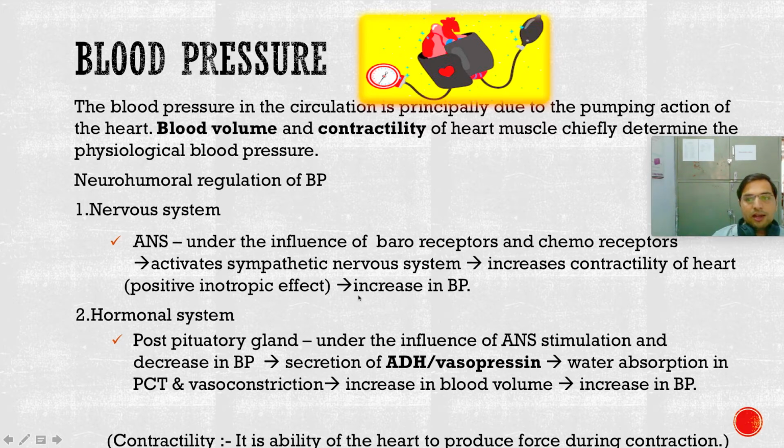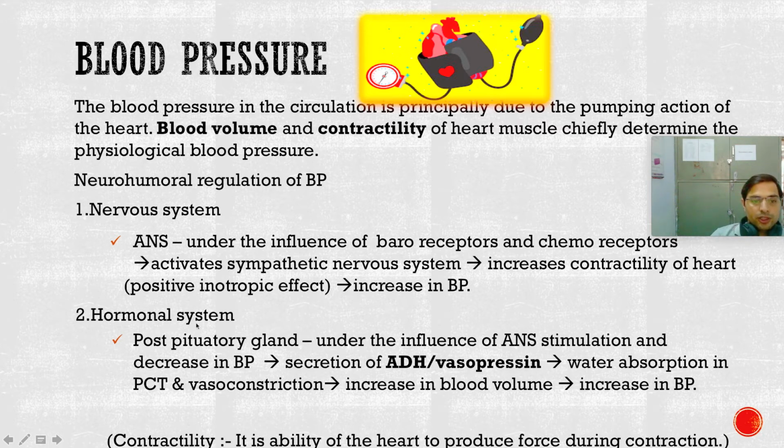When the heart starts to beat with more force, the contractility is increased, and it will lead to an increase in blood pressure. So that is the positive inotropic effect via the activation of the sympathetic nervous system.